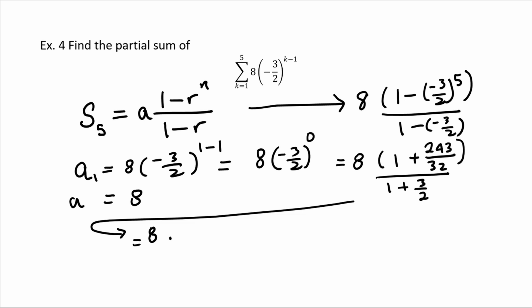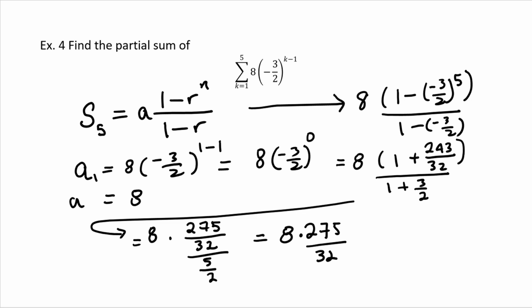I need a common denominator of 32, and that will give me 32 plus 243, which would be 275 divided by 32, and the denominator would be 2 over 2 for 1 plus 3/2, so that'll be over 5/2.